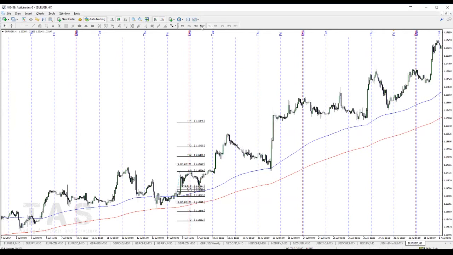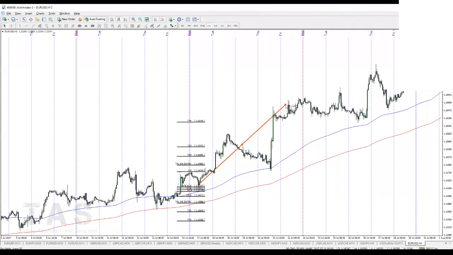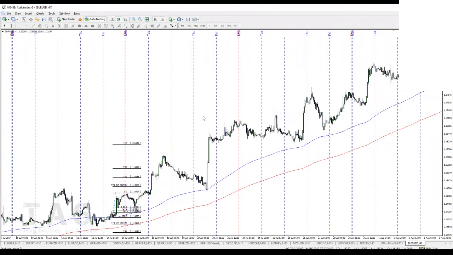Do you have a trade from here to here? Yes. That's 200 pips, 222 pips. Is that good? Yeah, it's enough. So another week. You're always looking at the same thing.